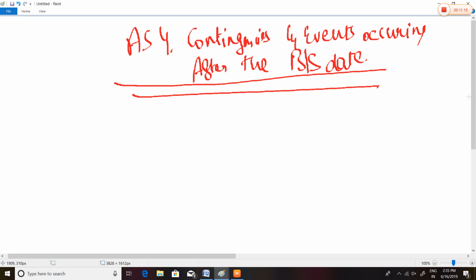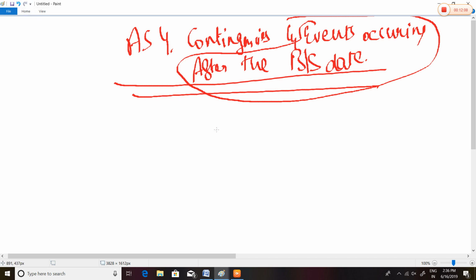Now, what does it mean? Now, let's start with this topic. Firstly, the highlighted portion.